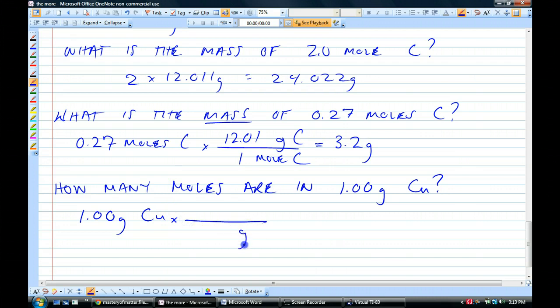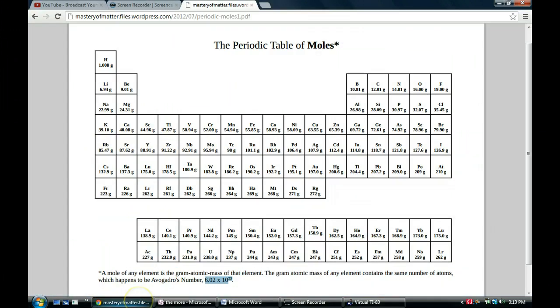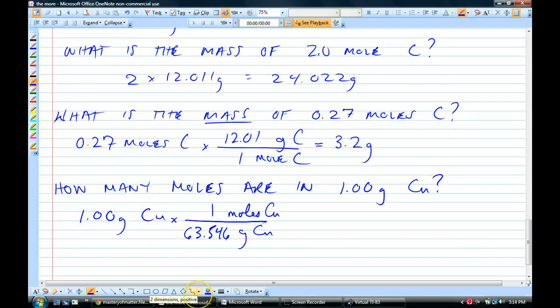All we have to do is follow our method here. Put grams of copper down here so that we can cancel it out. In the top we want moles. And 1 mole is 63.546, right? Just consult your periodic table of moles. Or your regular periodic table, just slap a G on the end of that atomic mass, and you have a mole. And that's all you have to do.